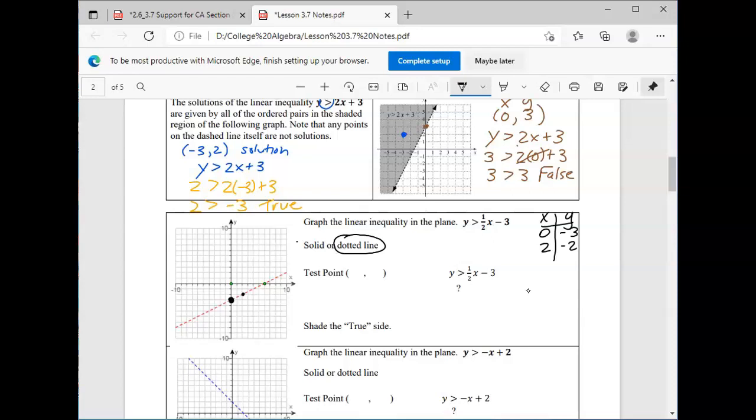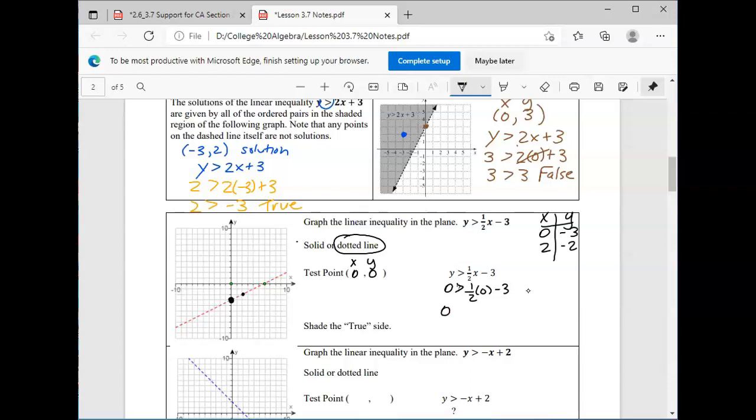The next thing you need to do is decide which part to color in. There are several ways to do this. The curriculum that we use asks you to pick a test point. I always pick 0, 0. The only time you can't pick 0, 0 is if the line went through 0, 0. I try that test point and ask, is 0 greater than 1/2 times 0 minus 3?